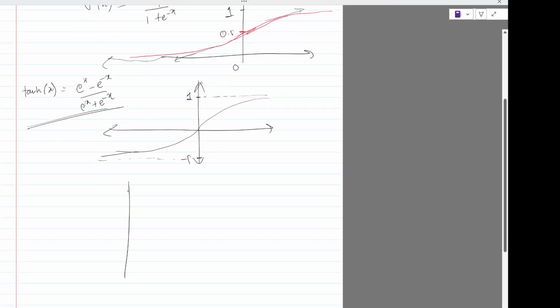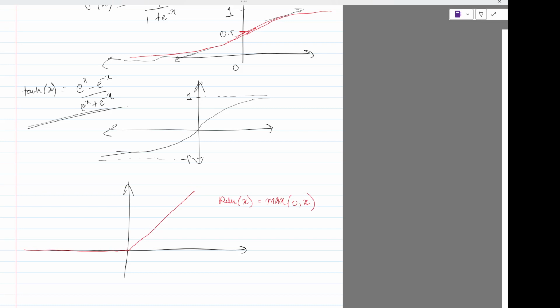So the ReLU function is not differentiable. Your ReLU function is like this. ReLU of x is equal to max of 0 comma x. So when x is negative, it takes 0, and when x is positive, it takes whatever the x value is.